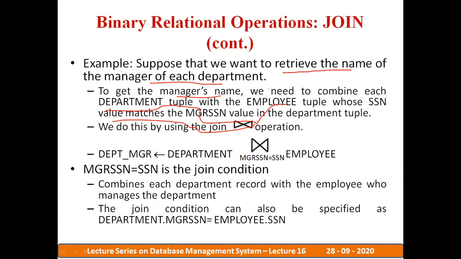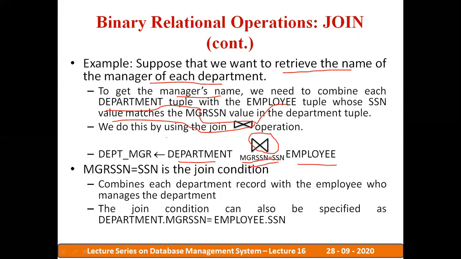So how do we join? By using the join operation. Which tables are we joining? We are joining the department table and the employee table, using the join symbol. Then I need to specify the joining condition, which is the important one. Here we use Manager SSN equals SSN. This is what we call the join condition.